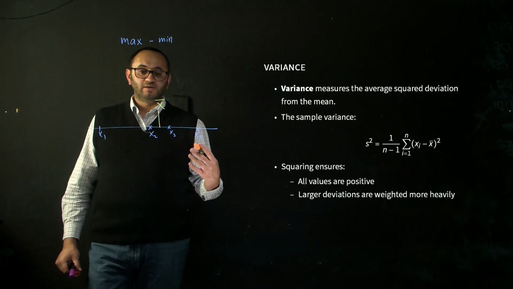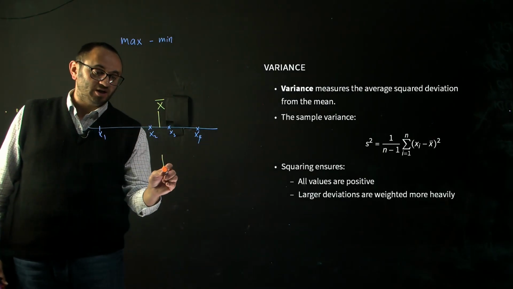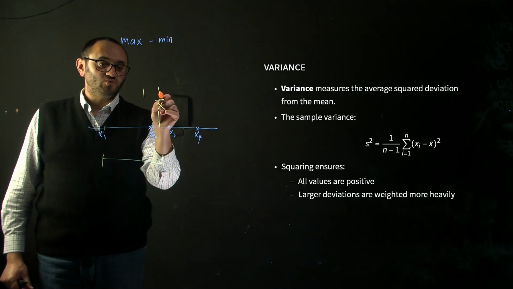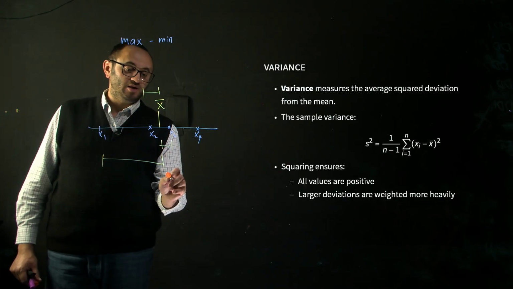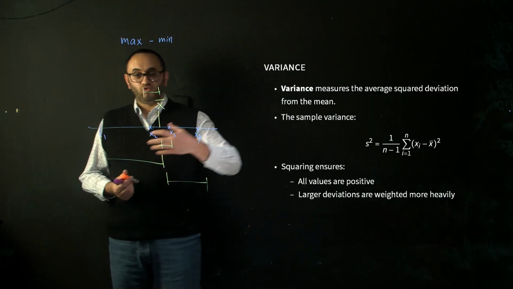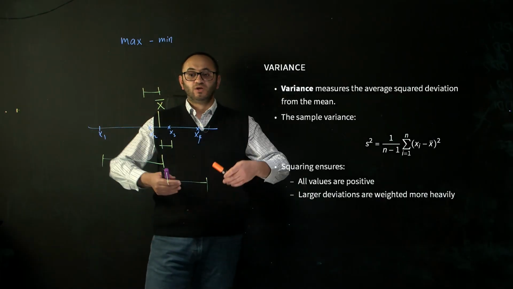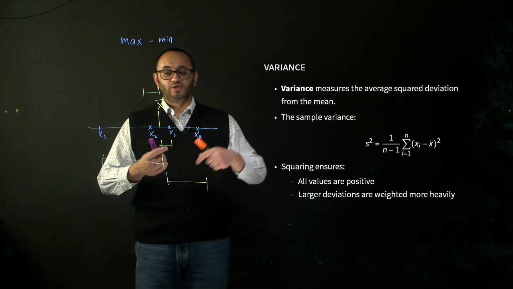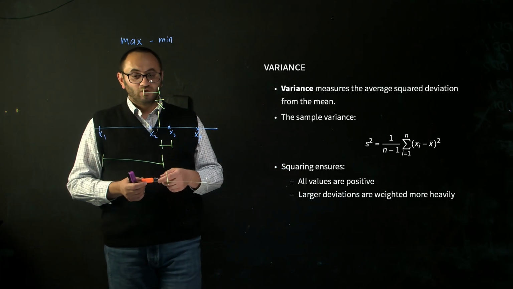So the idea is we have to find the distance between each xi, for example x1 and x bar, and the distance between x2 and x bar, the distance between x3 and x bar, and the distance between x4 and x bar. All right, so instead of dealing with maximum and minimum, like the range, we deal with the difference between each point and the center of the data.